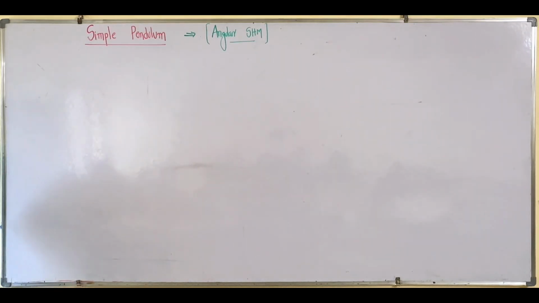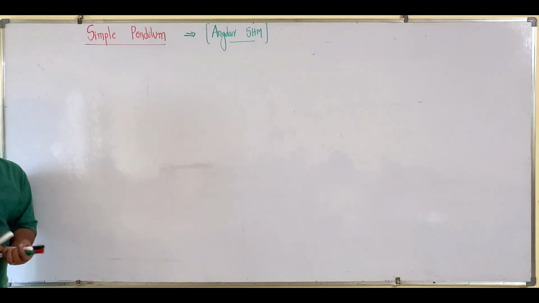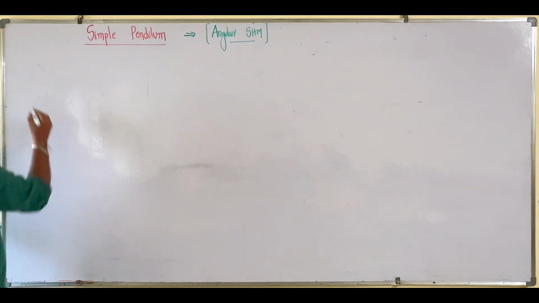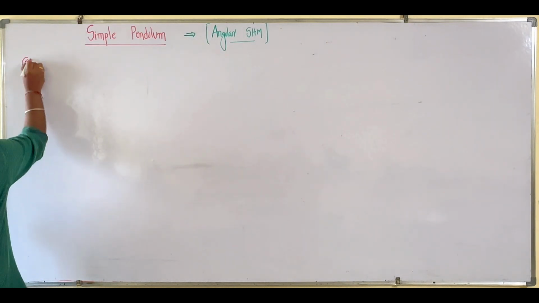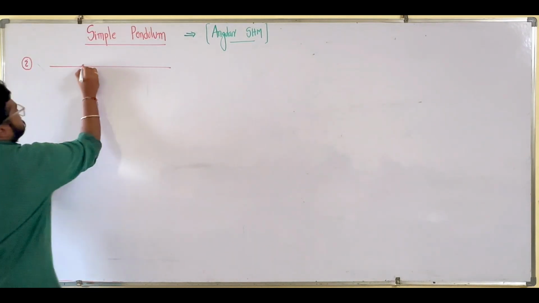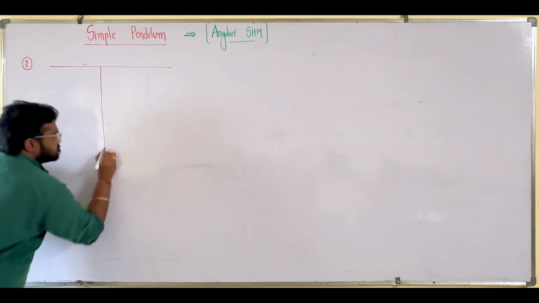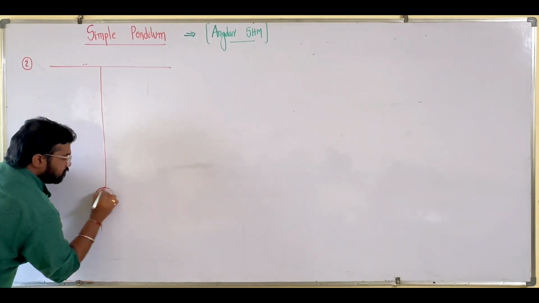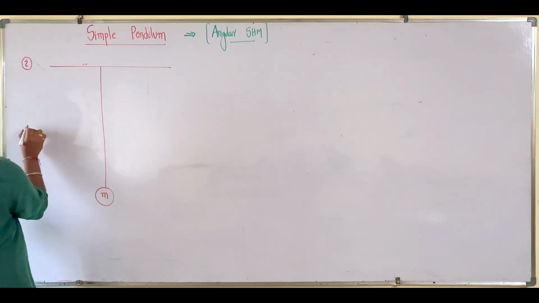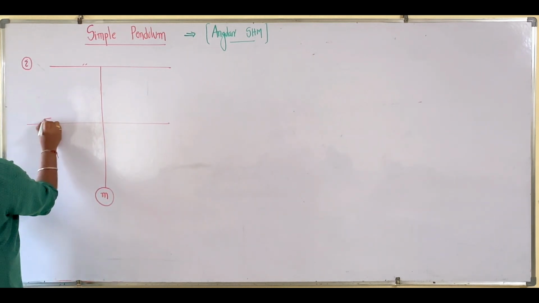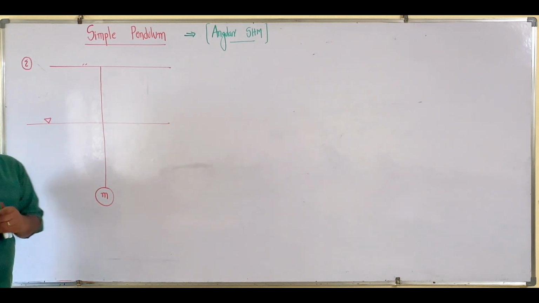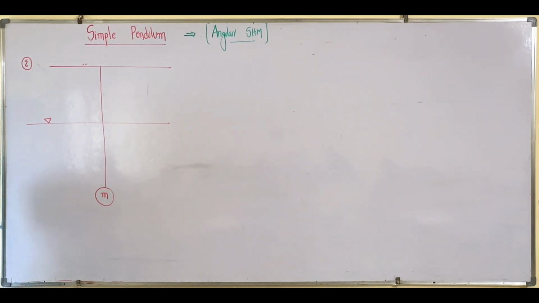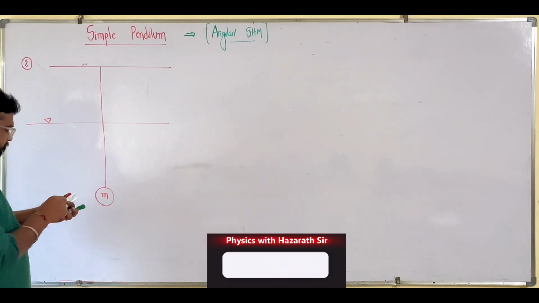Case 1: write down simple pendulum, angular SHM. Here a simple pendulum is oscillating in a liquid medium.